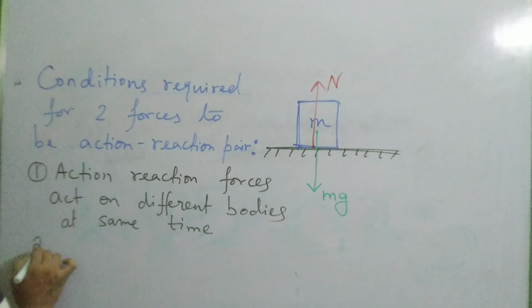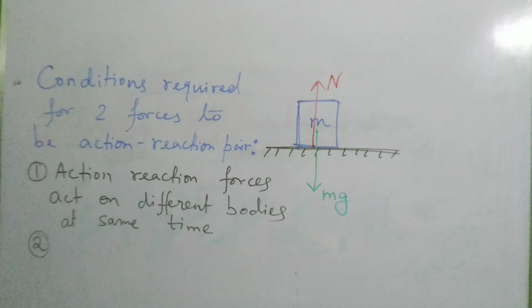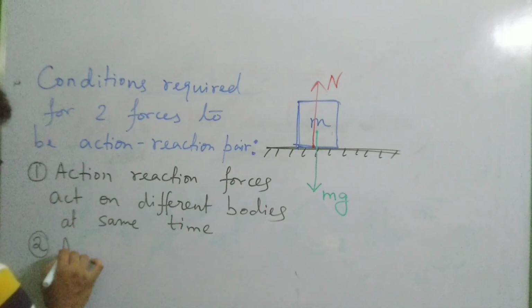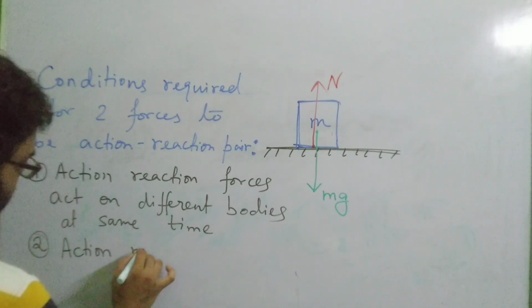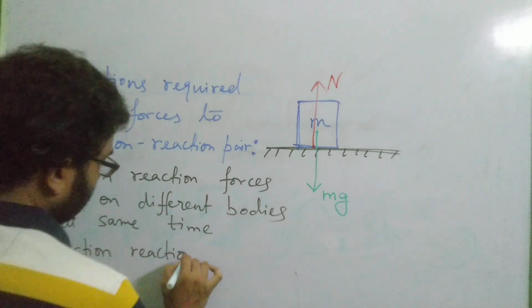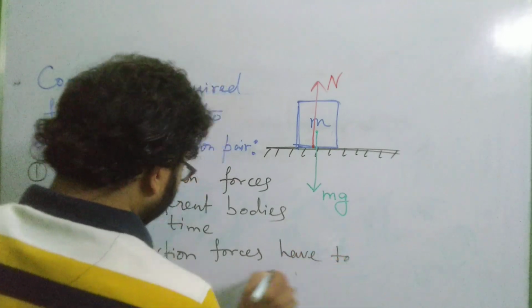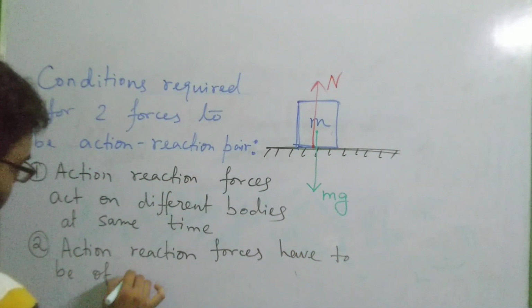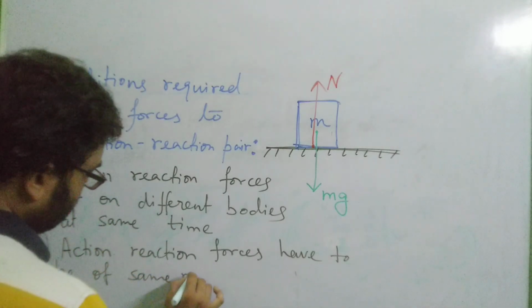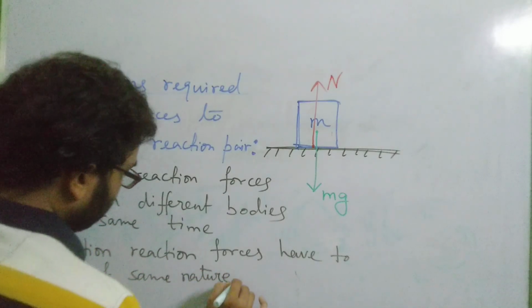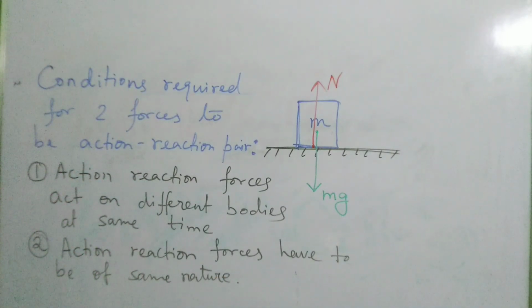And what is the second condition? The second condition is that the action and reaction forces have to be of the same nature. So these are the two major conditions or criteria to consider two forces to be an action reaction pair.